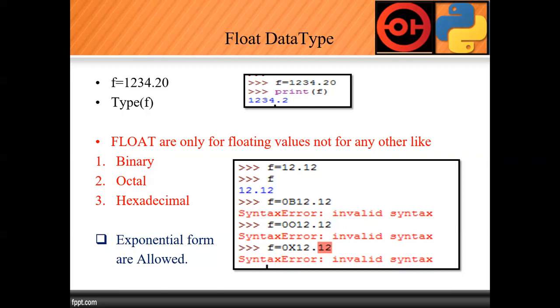There are four ways to represent the integer data type, but for fractional there is no such thing available. So floats are only floating values, not for binary, octal, hexadecimal. That means the fraction value cannot be converted into a binary number, octal number, or hexadecimal.